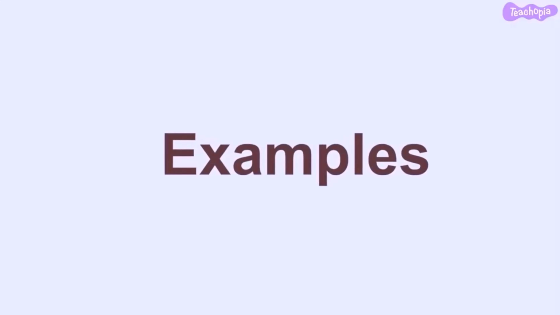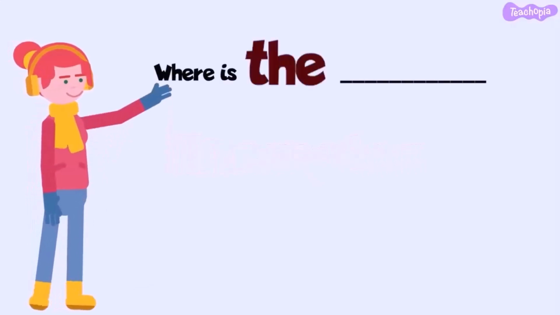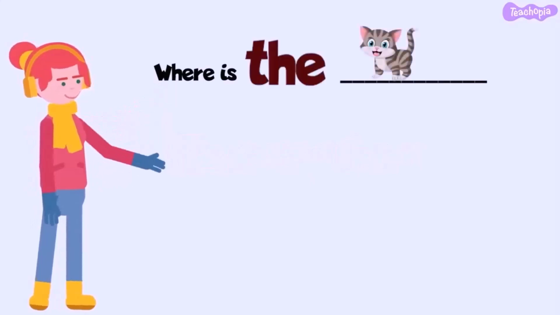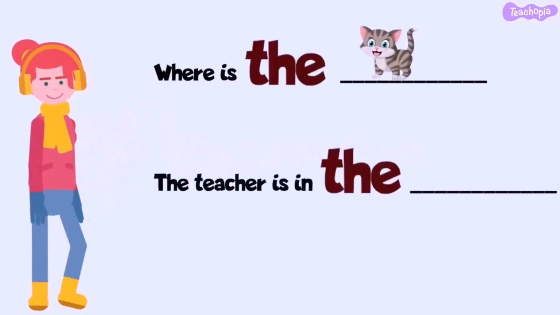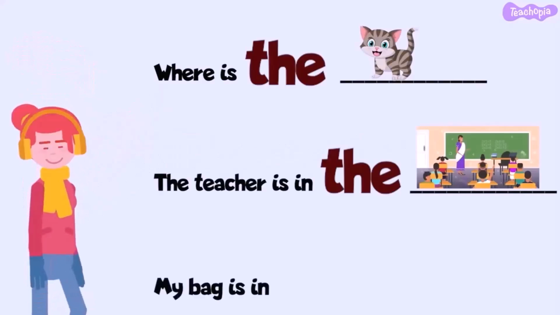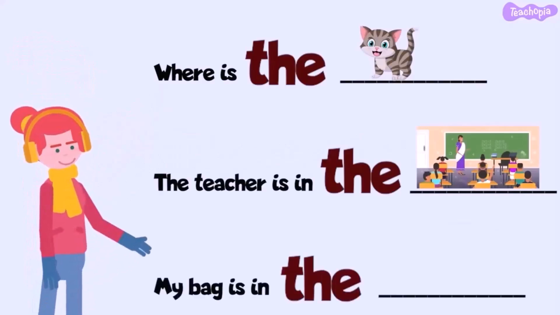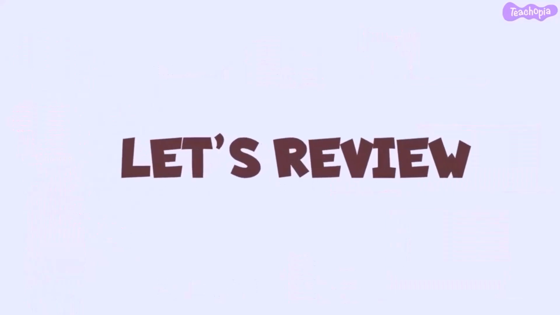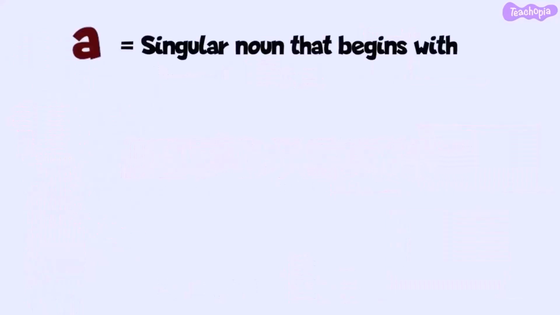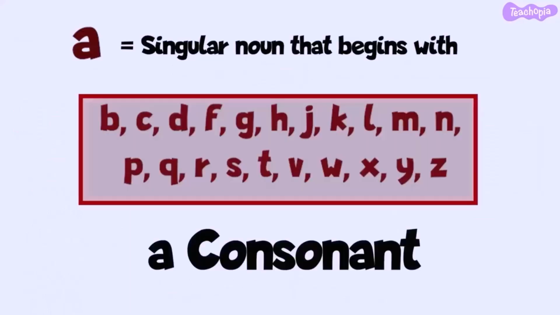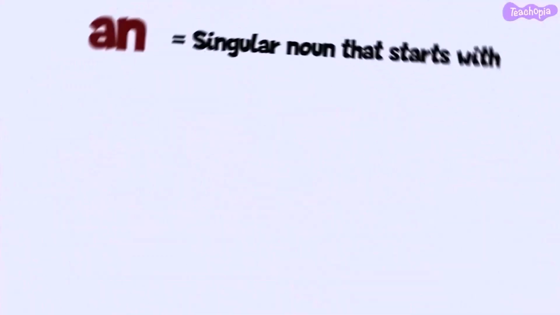Here are more examples. Where is the cat? The teacher is in the class. My bag is in the classroom. So, let's review. We use a before a singular noun that begins with a consonant.